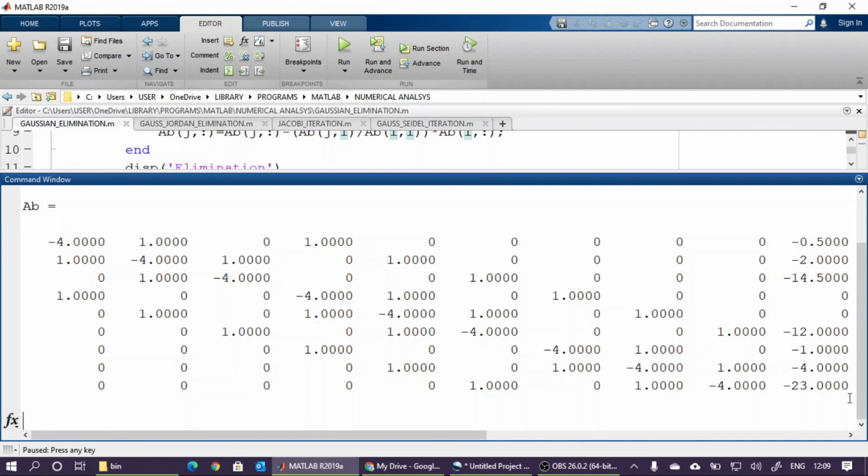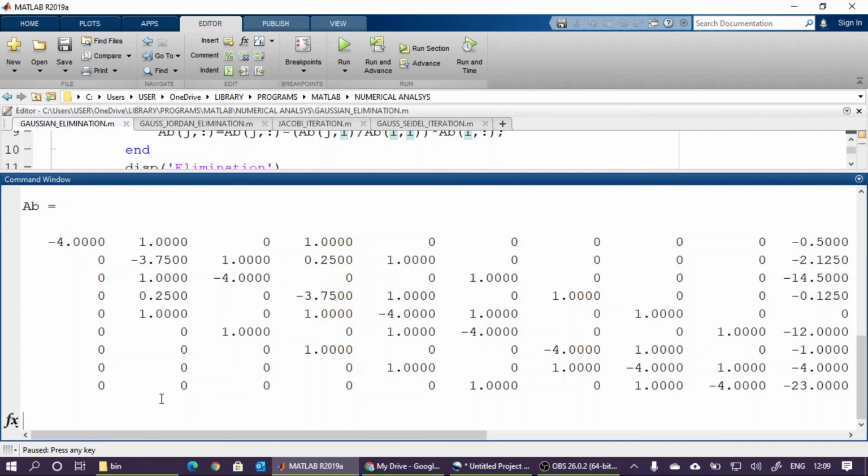In the first elimination, we are going to remove the x1 coefficients from the second row onwards. This is the augmented matrix after the first elimination. In the second elimination, we have to remove x2 coefficients from the third row onwards, from this point onwards.